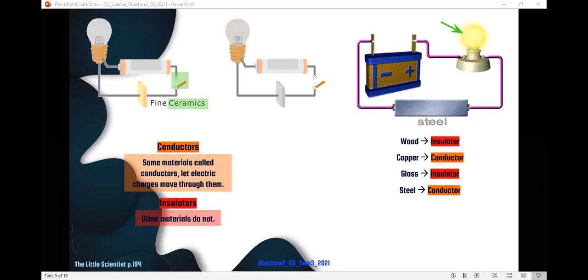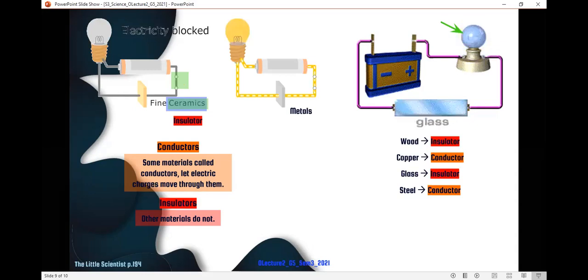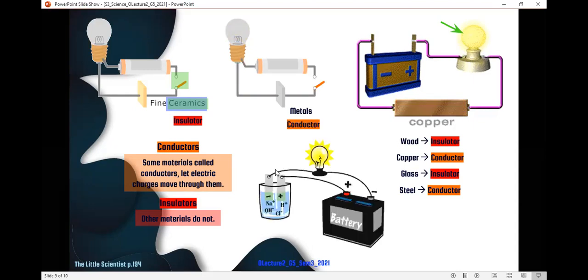Insulator, of course, because the light bulb is off. Here we put metal. We close the switch. What happened? The light bulb is on. So are metals insulators or conductors? Conductors, right.